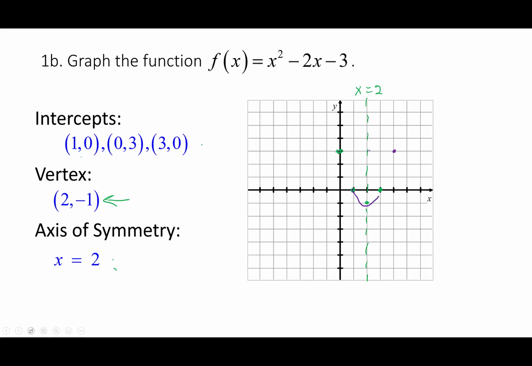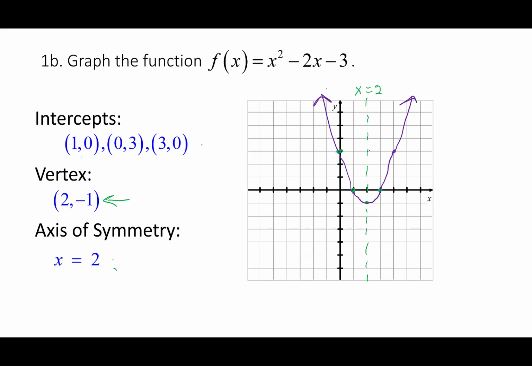So let's go ahead and connect these dots in a nice smooth curve. Whoa, okay, I missed going through the right point there. It's kind of hard getting good graphs with my apparatus here. Okay, so let's again aim for a nice smooth curve that hits all the points that we need it to.